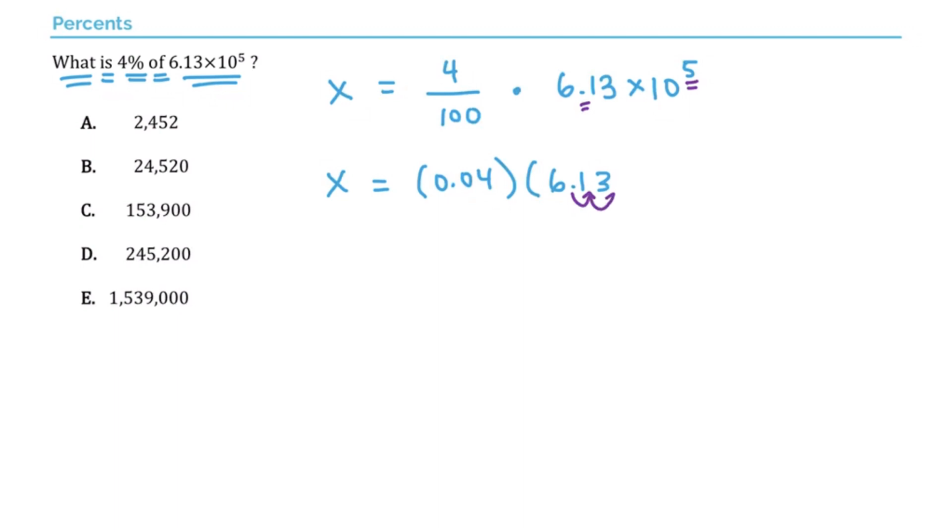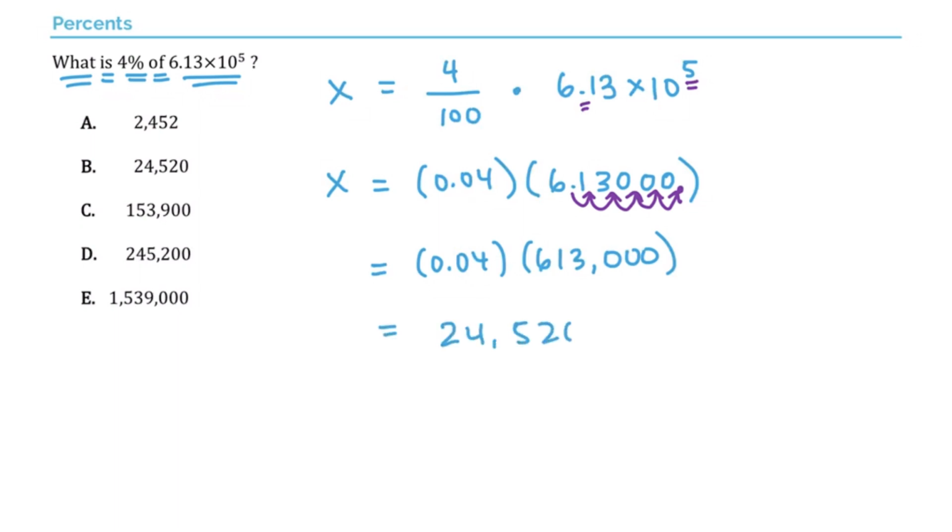So here's 1, 2, 3, 4, 5. Our new decimal place goes here, and we need to fill in a 0 there, a 0 there, and a 0 there. So to calculate this, we're doing 0.04 times 613,000. That answer is 24,520. So our answer is B.